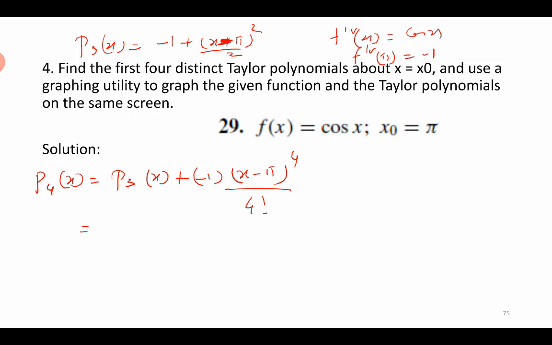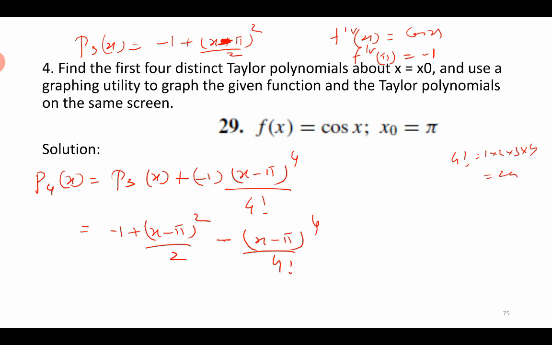You can rewrite p3, minus 1 plus (x minus pi) whole square divided by 2 factorial, which is 2. Here it is minus (x minus pi) to the power 4 divided by 4 factorial. What is 4 factorial? 1 2 3 into 4, that is 24. So this can be written as 24.